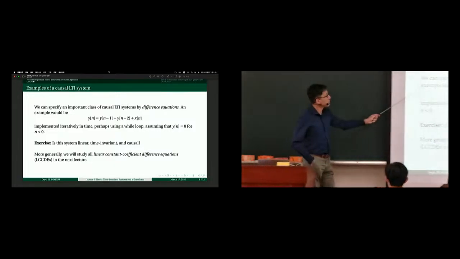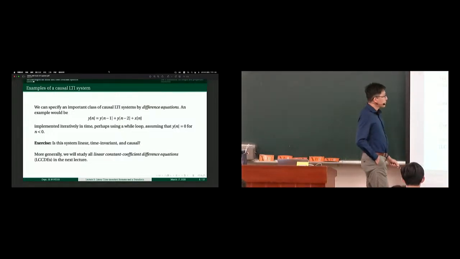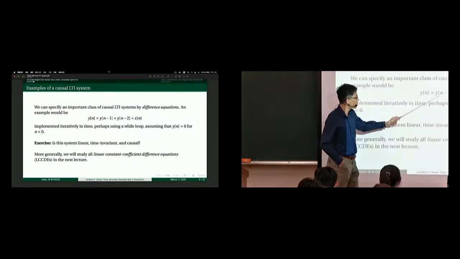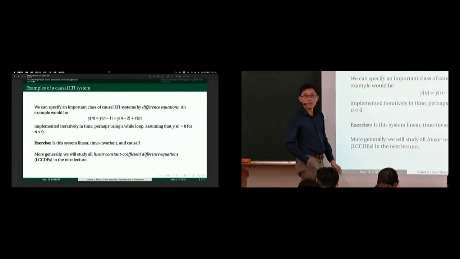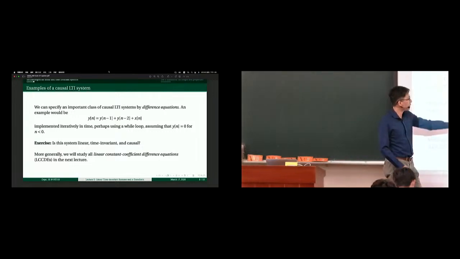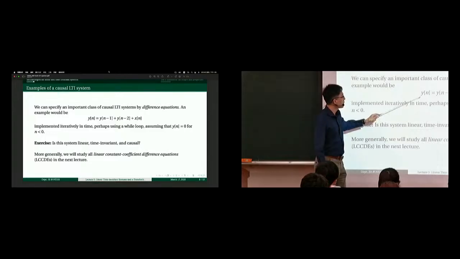A famous example is this: the current output is the sum of the past two output samples plus any input that the system receives. This equation defines a system with input on the right, output on the left, and some kind of feedback.